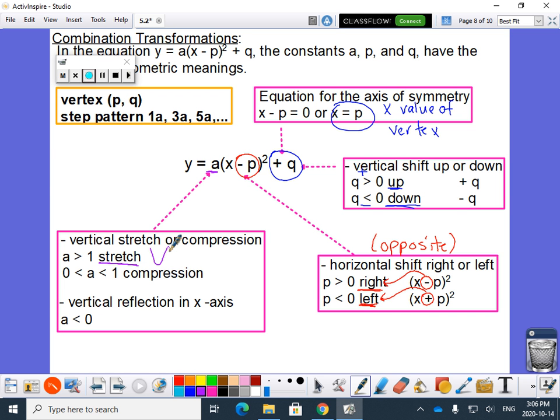When A is greater than 0 but less than 1, then that is a compression, which usually looks a little bit fatter like that. And when we have a vertical reflection in the x-axis, that is when we have a negative A value, which means it opens down.